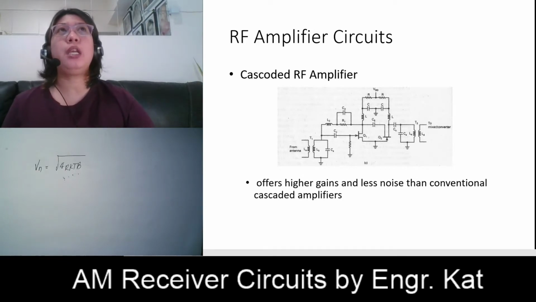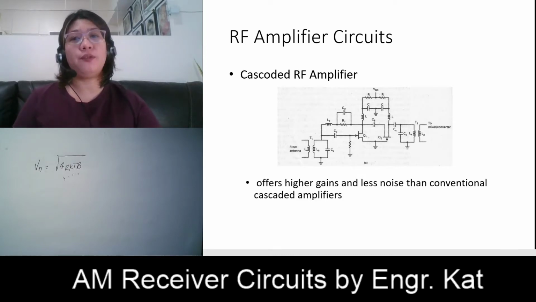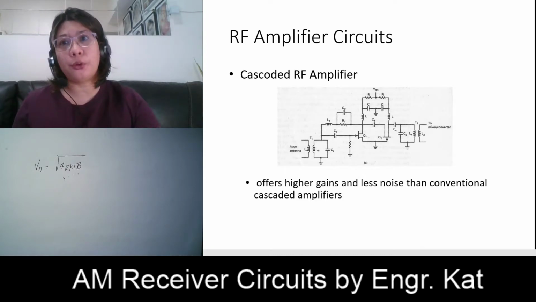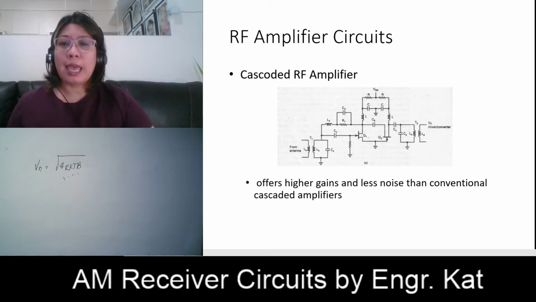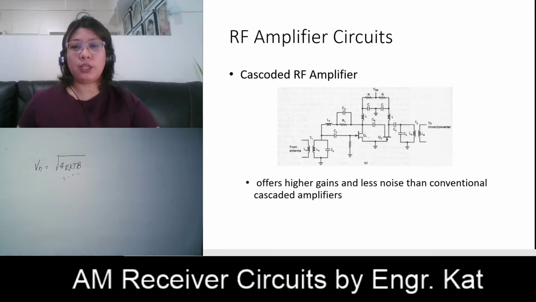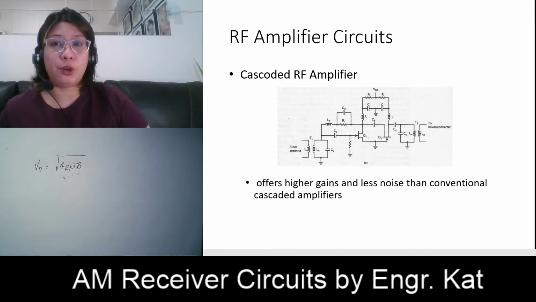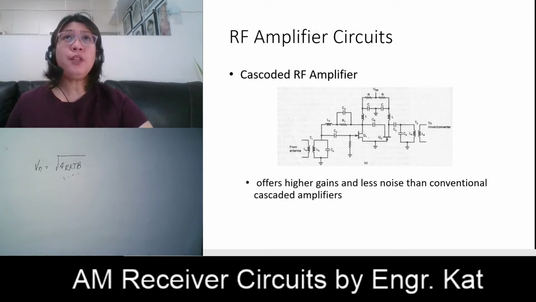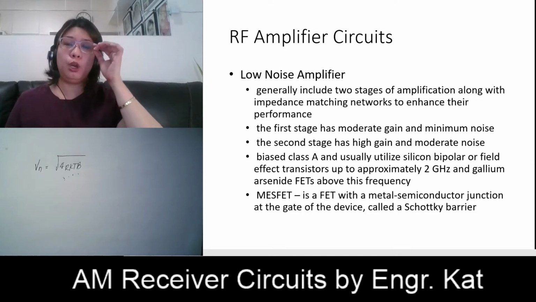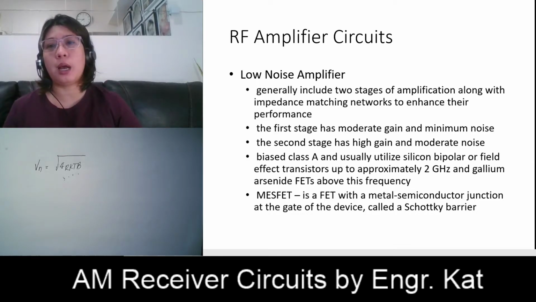What are the advantages of the cascoded amplifier compared with the other two that we have discussed earlier? It offers higher gain and less noise than conventional cascaded amplifiers. Speaking of less noise, we have what we call low noise amplifiers, or LNAs.